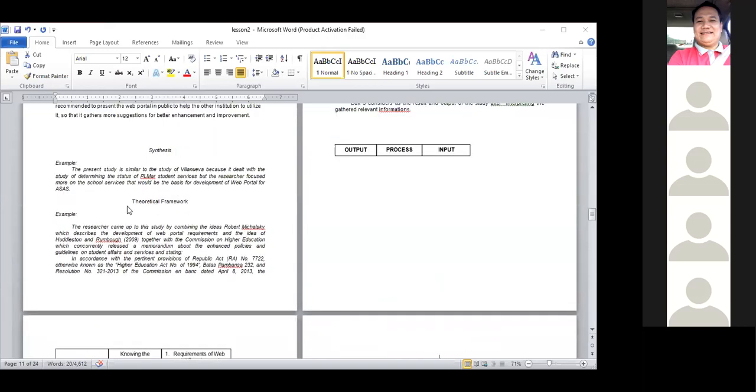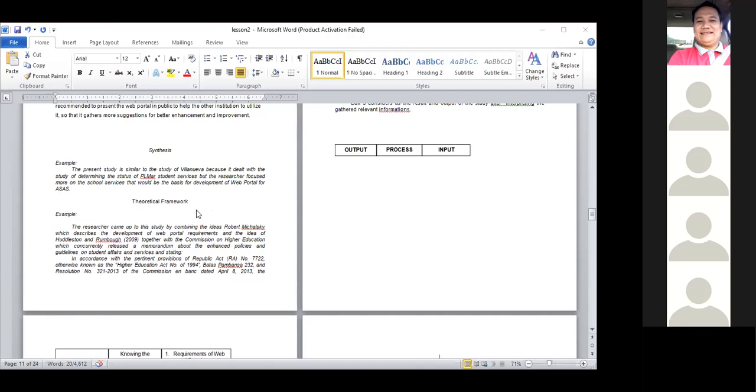Okay? Then next is the theoretical framework. Ito guys, the way I write it is the format of MPC. In the theoretical framework, sa atin naman sa WCC it is found in your chapter 1. But in other institutions, the theoretical framework is found in chapter 2. So wala namang problema doon as long as you know the concept, you know how it works.